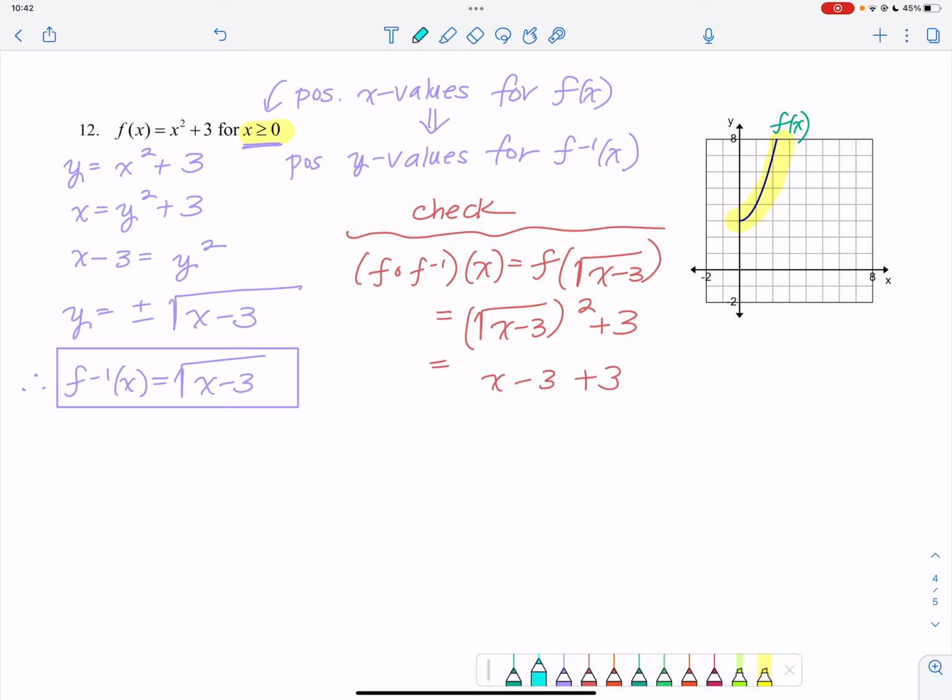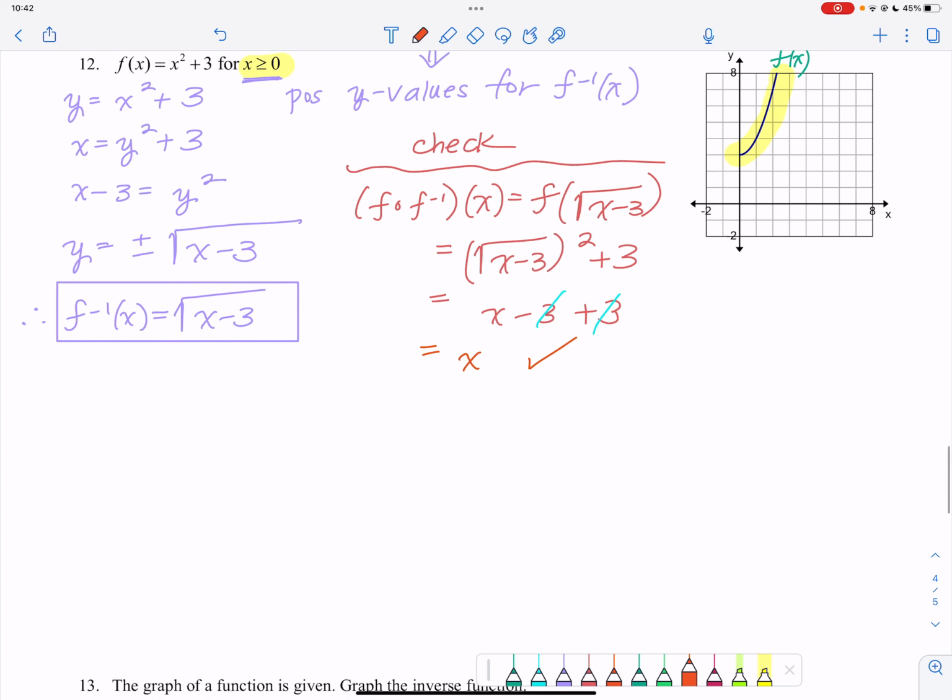And as you can see, that's just equal to x. Okay, and let's go ahead and graph this x minus 3 with the root. As you can see, we'll begin here at 3, and the graph will look like this.